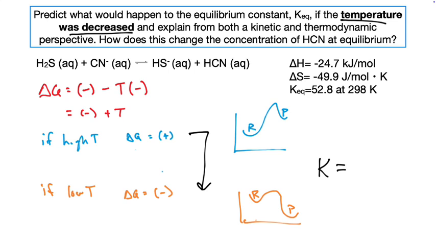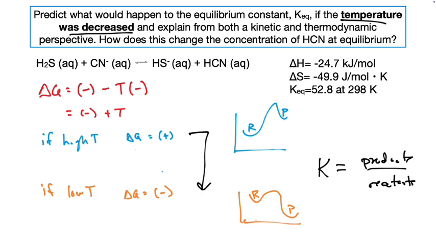Okay. You're not wrong, but that's not what I think. Products over reactants. I don't think it's the concentration of HS minus times the concentration of HCN over the concentration of H2S times concentration of CN minus. My focus when I think about K is products over reactants.